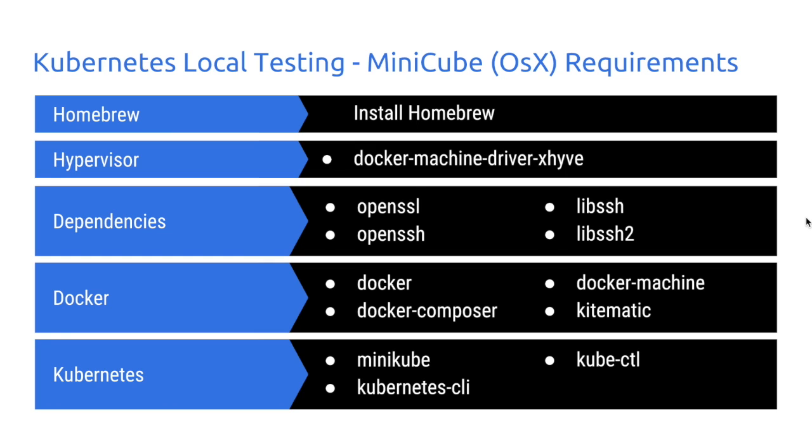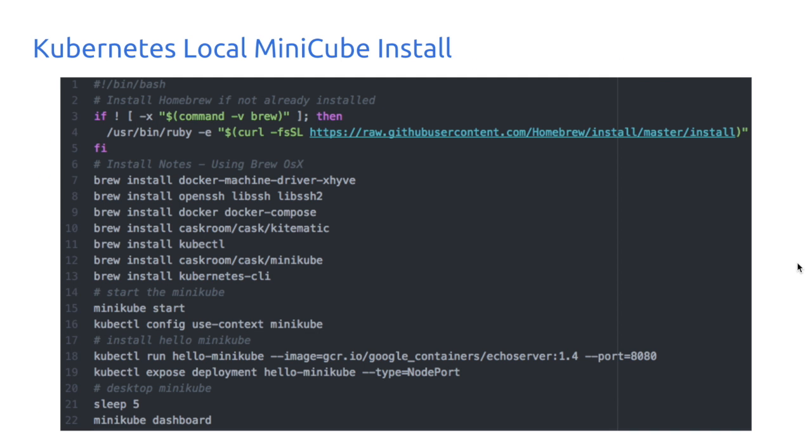So I went ahead and I put together a script just to make things even easier on you. It's just a simple bash shell script that'll go ahead and do your brew installs for you. And it'll actually expose the deployment Hello Minikube.